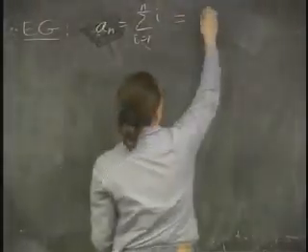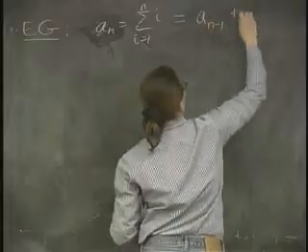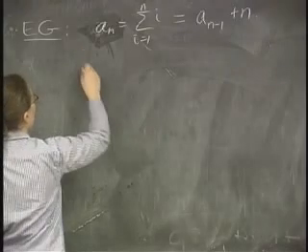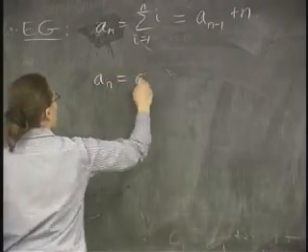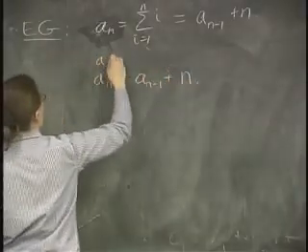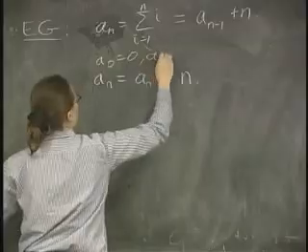I have n minus 1 plus n. I can define the triangle numbers recursively. And now let's go find a formula for the triangle numbers using this recurrence relation stuff. I guess my initial conditions were that A0 was 0 and A1 was 1.